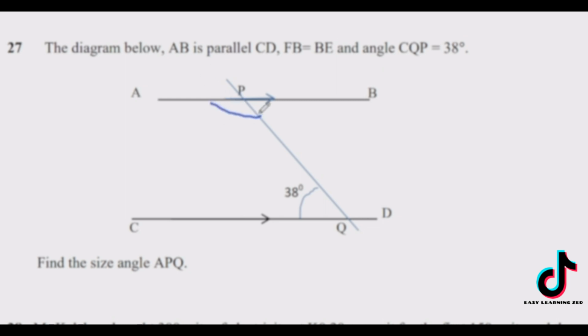To find this angle, we're going to use the property that co-interior angles add up to 180 degrees. Since CQP is equal to 38 degrees, this angle is given. So what will be the value of this angle?